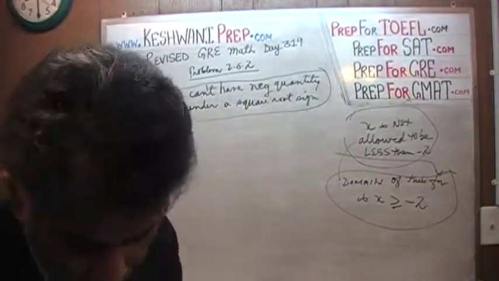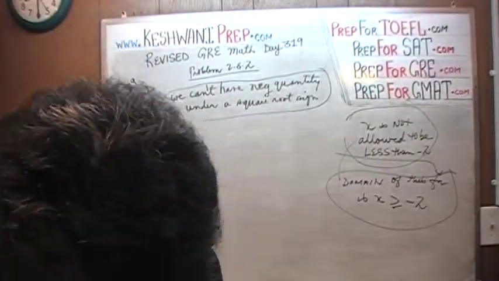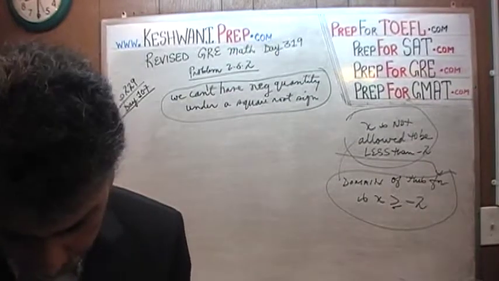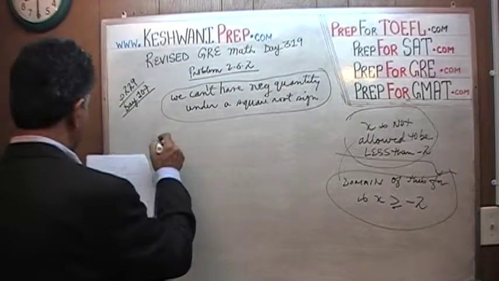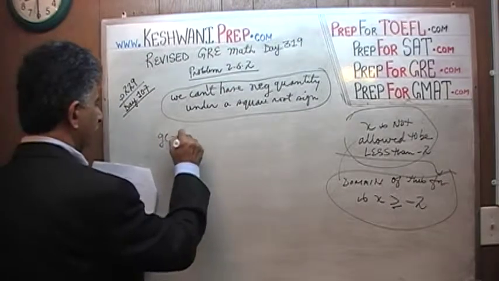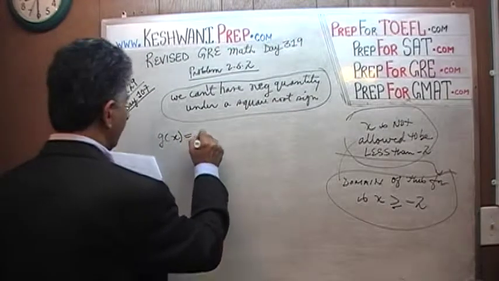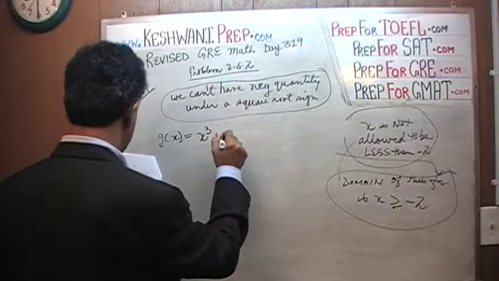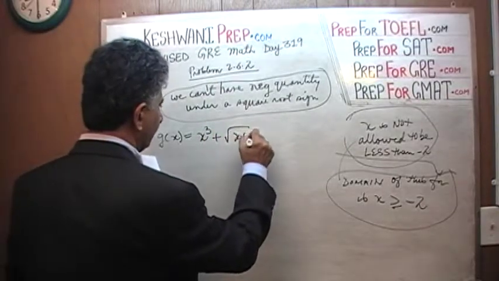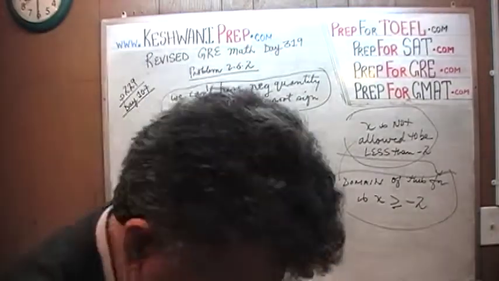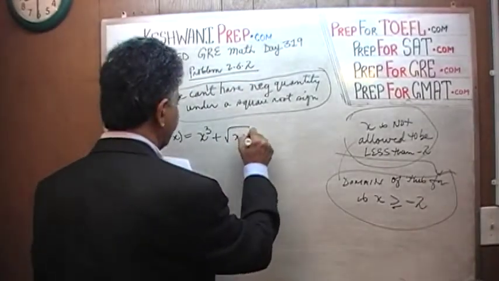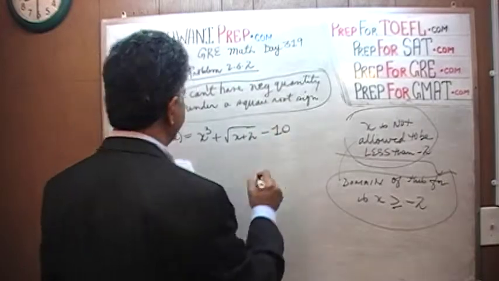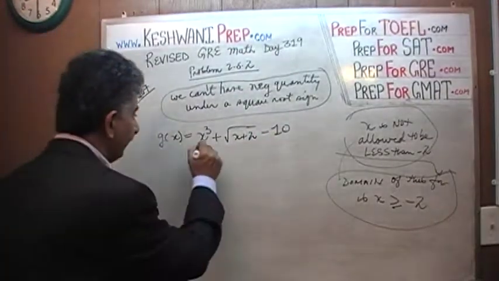The function given to us in 2.6.2 looks something like this: g of x equals x cubed plus the square root of x plus 2, minus 10.